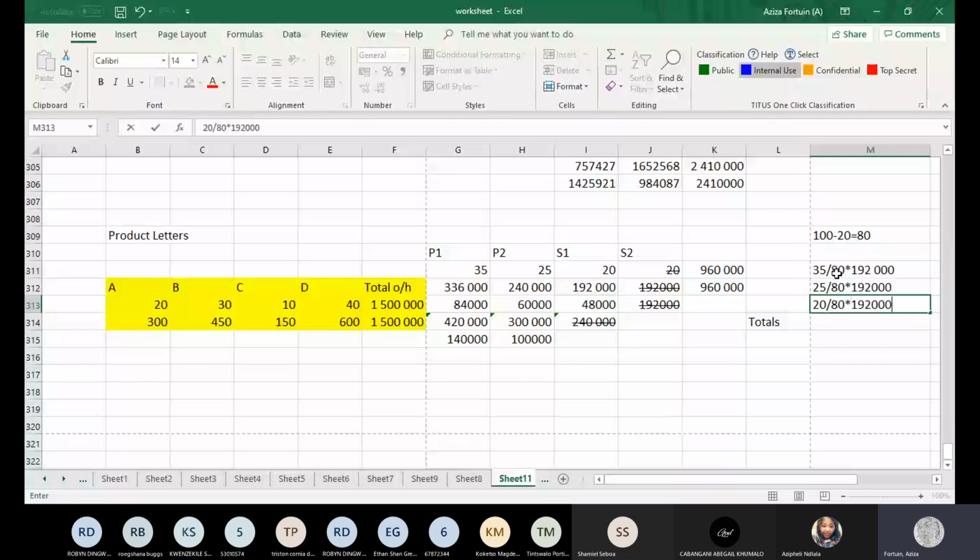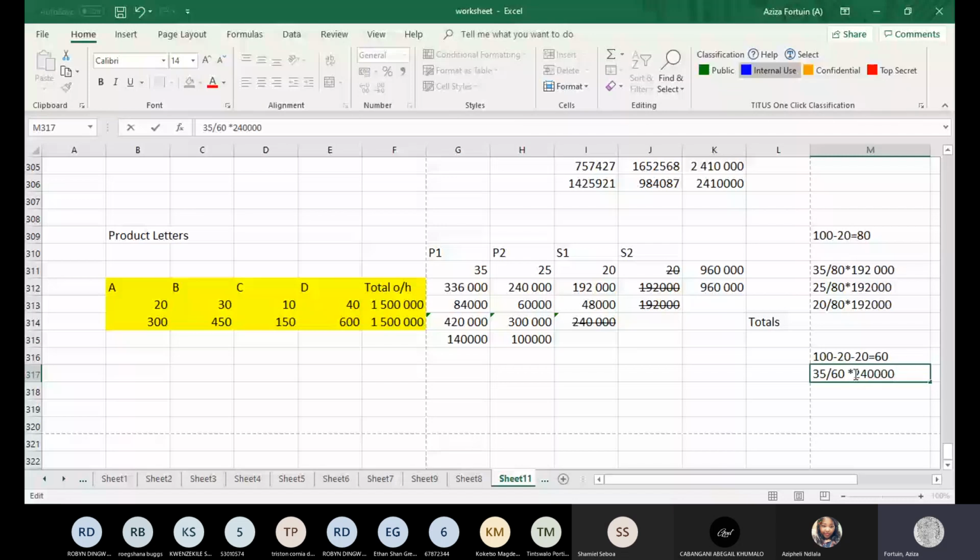I added them up, and now I want to write off S1. So S1 is 240,000, so I follow the same rule. 100 minus 20 minus another 20 equals 60. So 35 divided by 60 times 240,000, and that will give me 140,000.